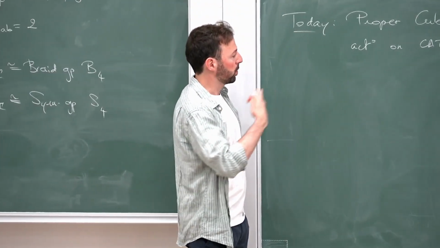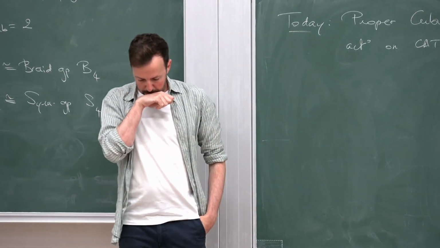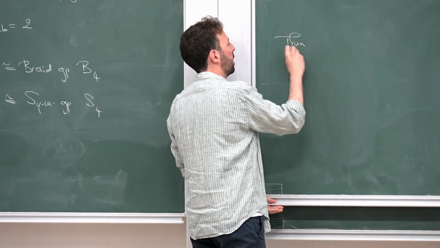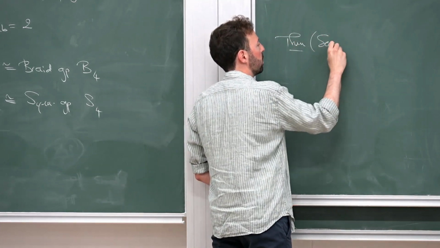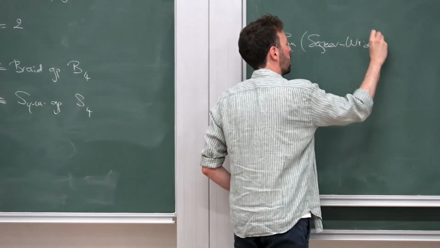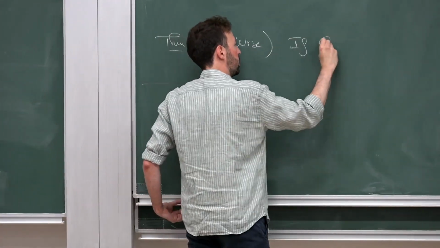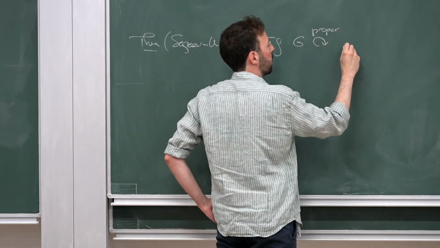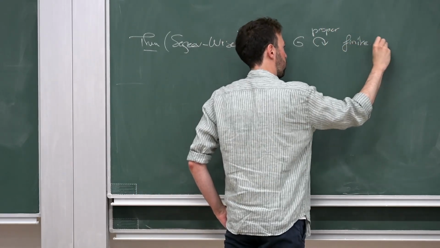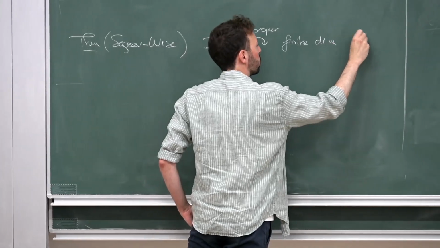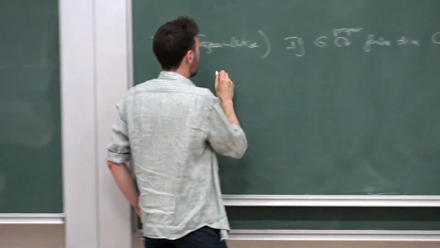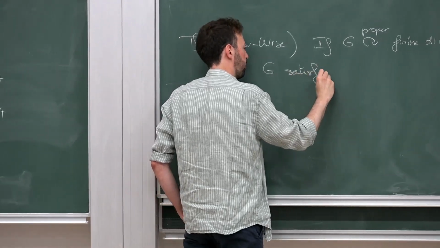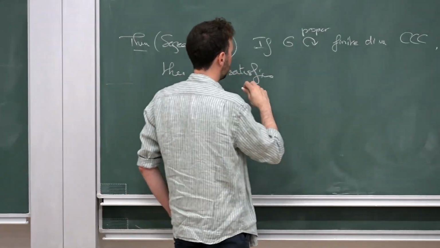For instance, by the Haagerup property, in particular Baum-Connes. There's also a result of Sageev and Wise that if G acts properly on a finite-dimensional CAT(0) cube complex, then G satisfies the Tits alternative, which is something you would expect from non-positively curved groups.